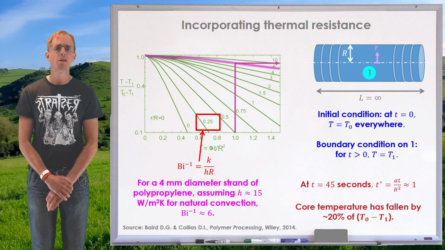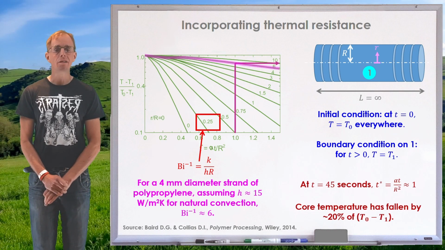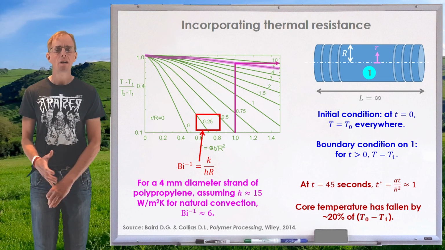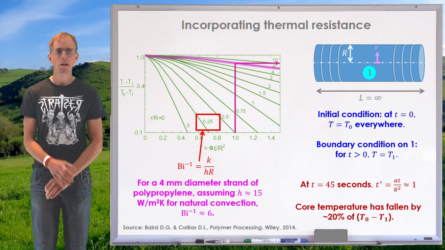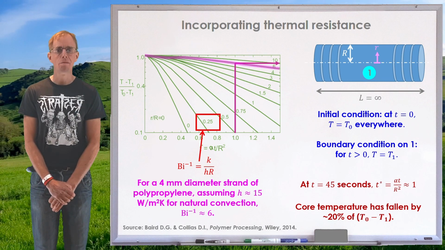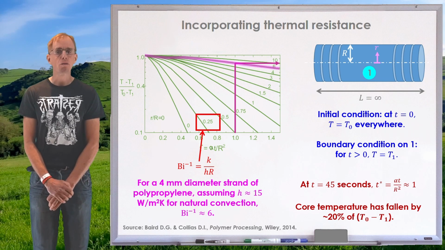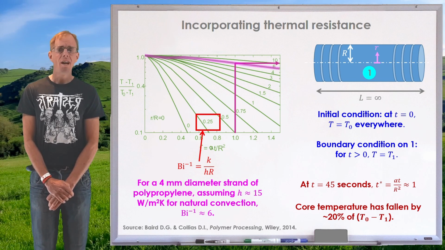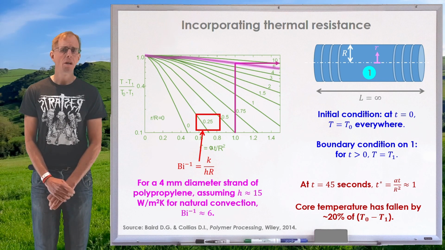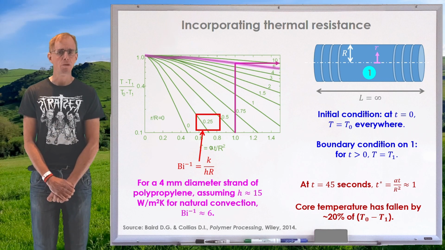So if I've got 45 seconds to cool my strand down, that gives me a non-dimensional time t*, αt over R squared, remembering α is k over ρCp, of about 1. Okay, the lines I've drawn on the Heisler chart go from non-dimensional time of 1 up to my inverse Bi number of about 0.6 and across to the temperature axis, and I've gone from 1 to about 0.8. So my temperature's fallen about 20% of T0 minus T1 in 45 seconds.